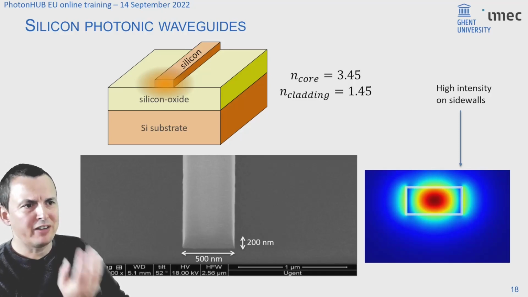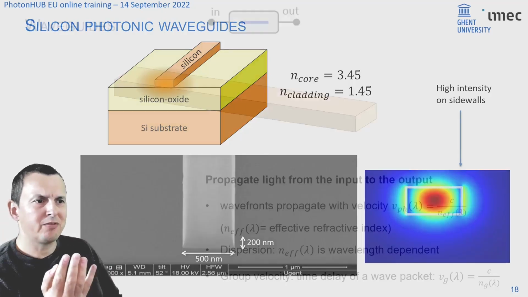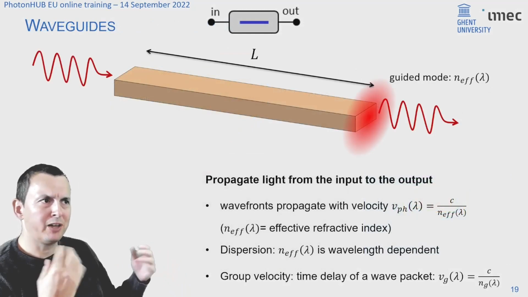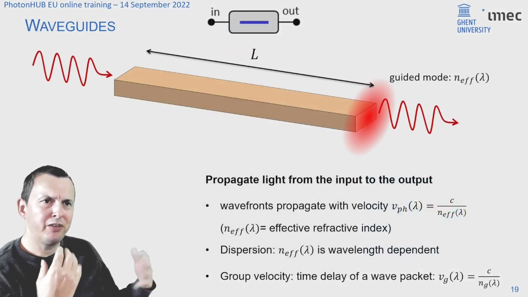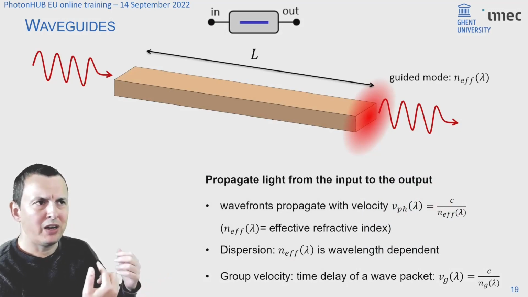Now, that waveguide is the most essential function on a chip. A waveguide basically transports light from one point to another on the chip, so the light propagates, but it's different from a simple electrical wire on an electrical circuit in the sense that what you have in a waveguide is literally a wave. It propagates.